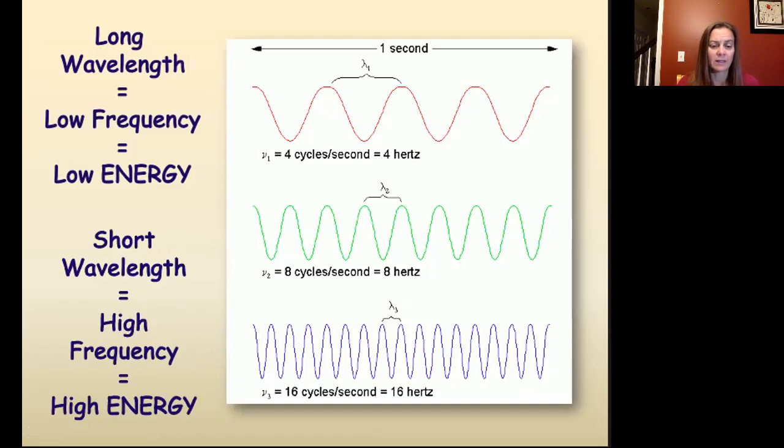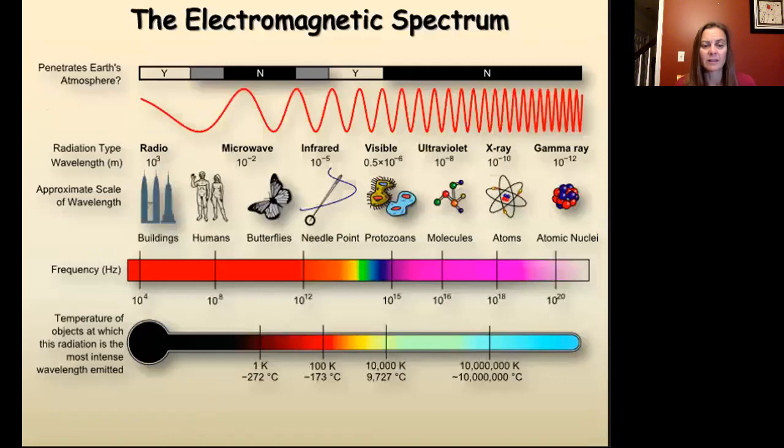So let's jump back to that very first slide and take a look at our electromagnetic spectrum. Down here in the red end, we have the longer wavelengths, and up here in the blue and purple end, we have shorter wavelengths and higher frequencies. So that means we can actually predict the energy of our light just by its color.